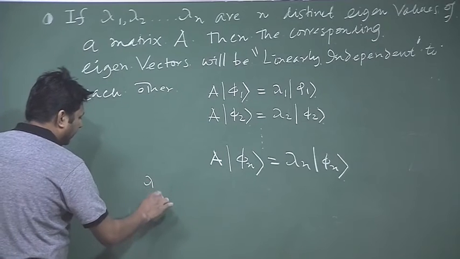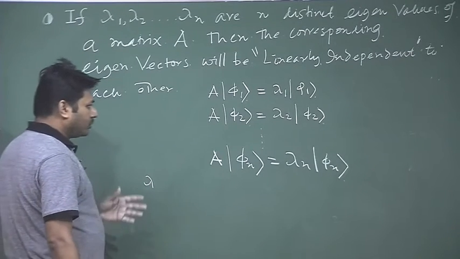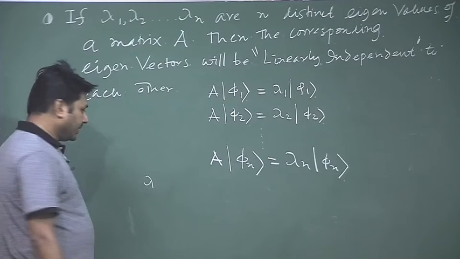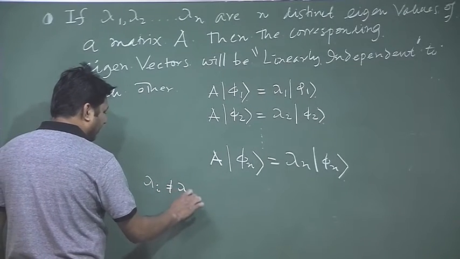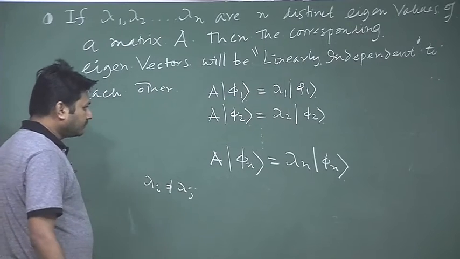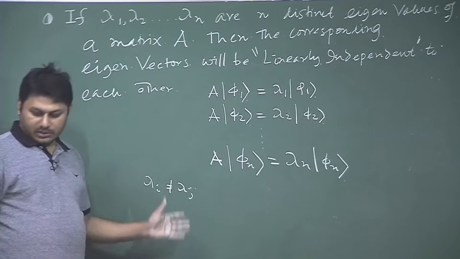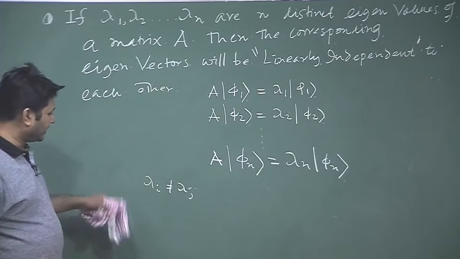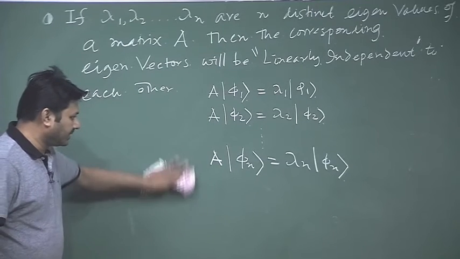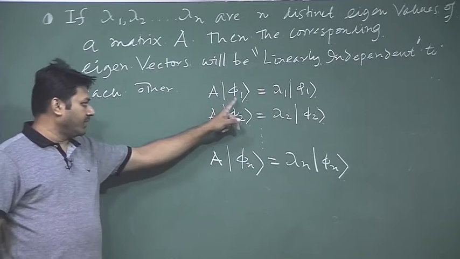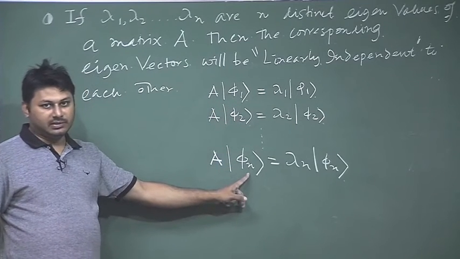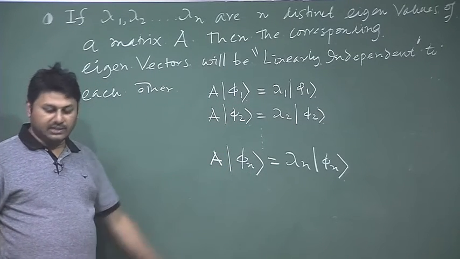If lambda 1 and lambda 2 are not equal, that means lambda 1, lambda 2, lambda 3 are distinct, not equal to each other. So, no lambda i is equal to any lambda j; all are distinct. Then phi 1, phi 2, up to phi n, these eigenvectors are linearly independent.